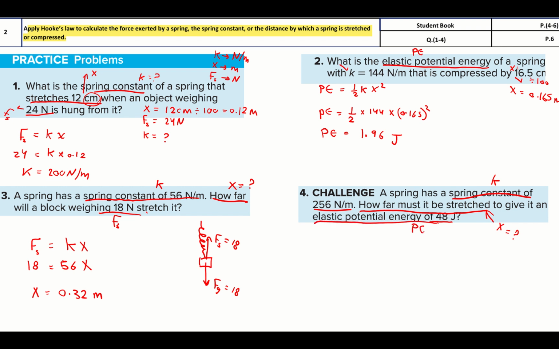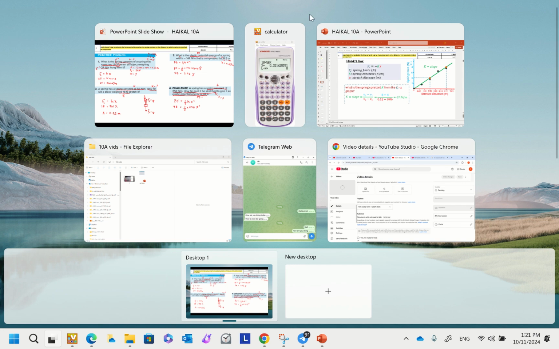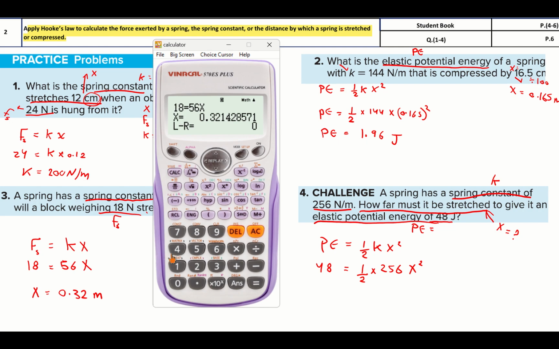So given is the potential energy. The potential energy is equal to half kx squared. The potential energy is given to be 48 equals half, K is 256 and x is unknown. Use the calculator to find x.